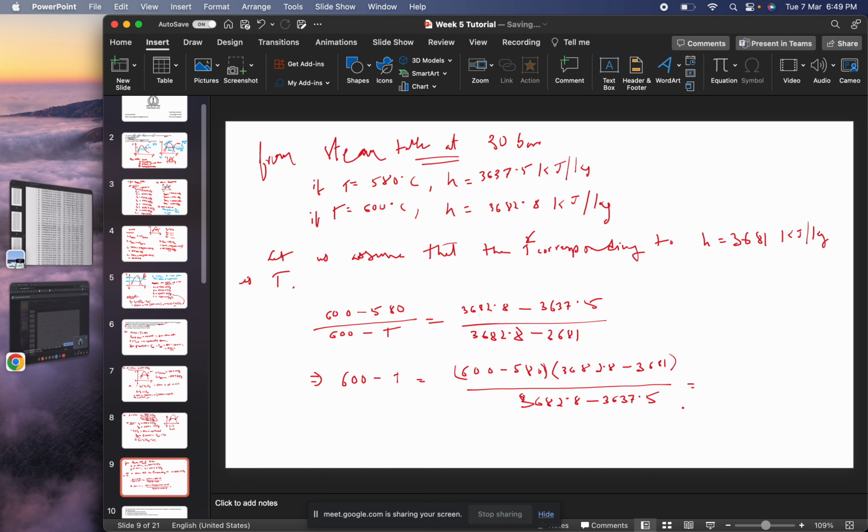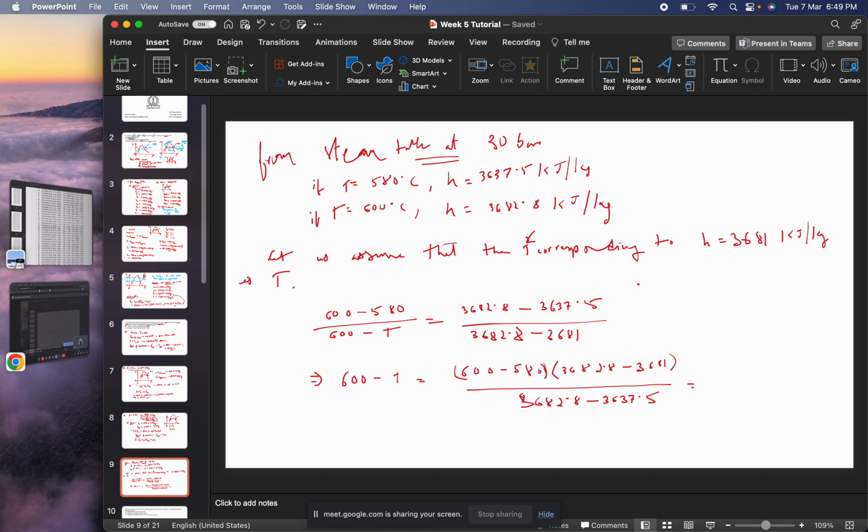So 600 minus 580, times (3682.8 minus 3681), divided by (3682.8 minus 3637.5).